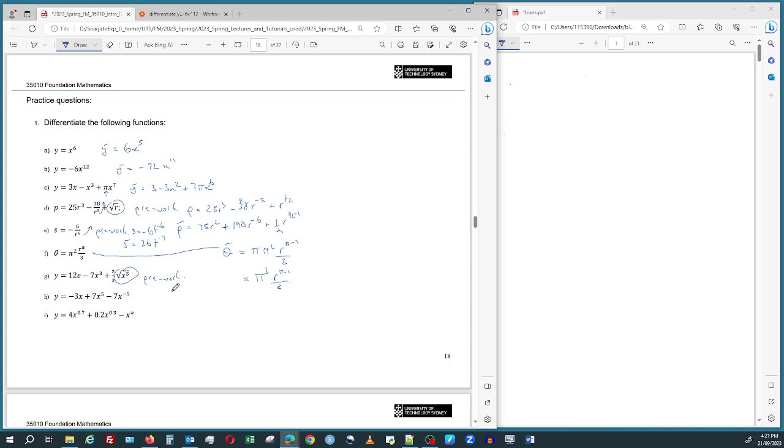There's a pre-work for this one. So y is equal to 12e, which is a number, 7x cubed plus 2/3 x, and it's like square root of x cubed, so it's 3 over 2 as a fraction. So the pre-work was more difficult. This is a number. Whenever you differentiate a constant, it'll disappear. So y dash will be equal to, gone. 3 times minus 7 is minus 21, x squared.